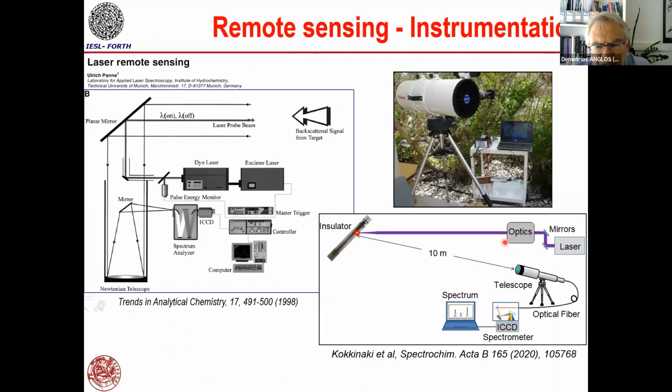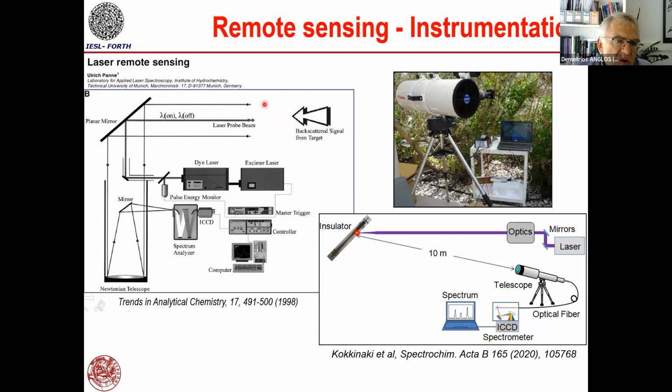So let's have a look at the basics of the remote sensing instrumentation. Of course, there are different approaches, but the idea is roughly the same. You have a source, a laser source. In this particular case that I'm showing on the left-hand side here, it is an excimer pumped dye laser. So we can, through appropriate telescopic optics, shoot the beam over to the atmosphere and then collect the backscattered light.